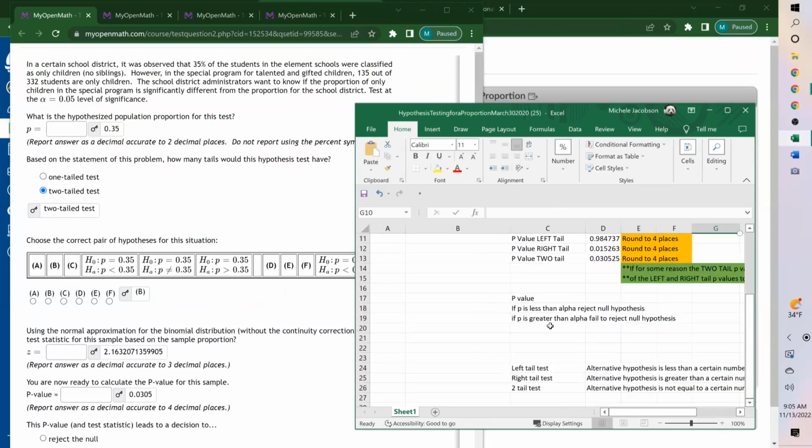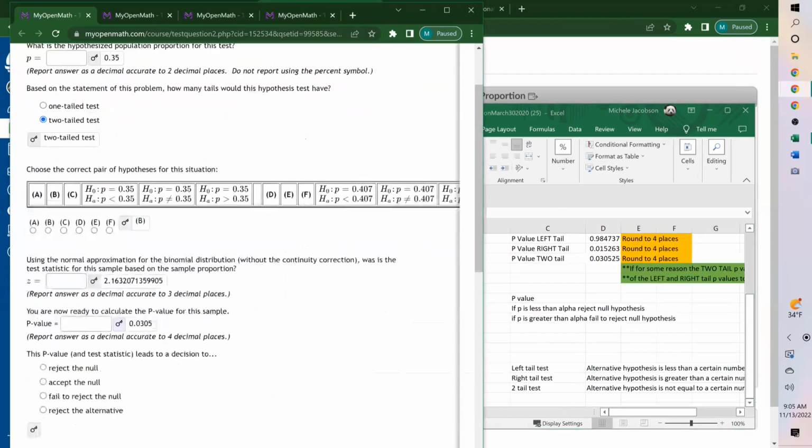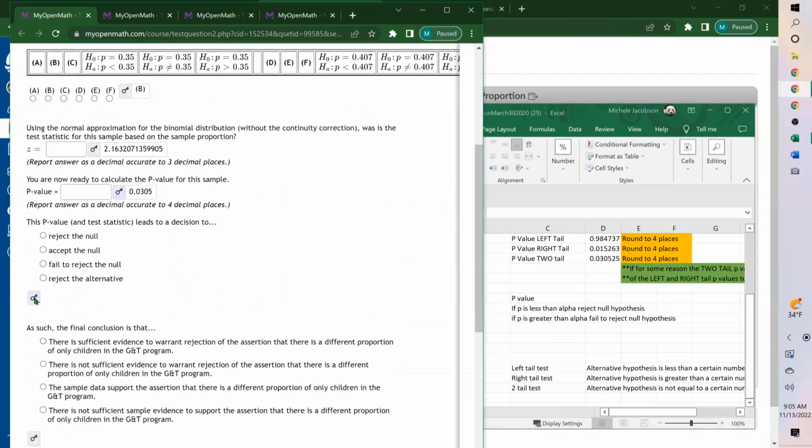The p-value is less than alpha, so we reject the null hypothesis. You never reject the alternative. It's either reject the null or fail to reject.